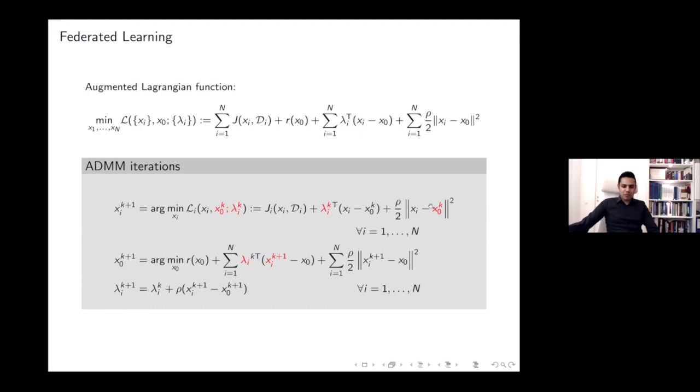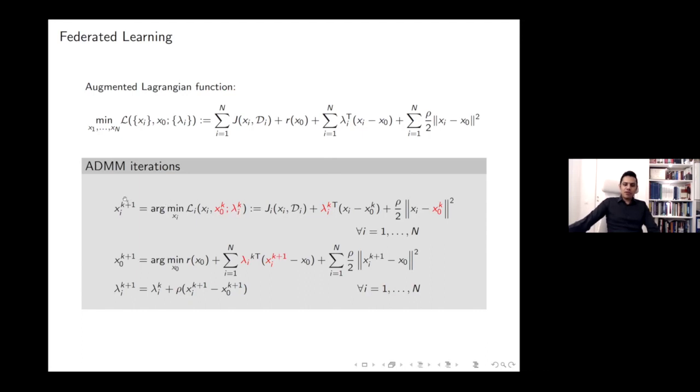You start with some initial guess, and then you fix it with the value from the previous iteration, and then you solve the optimization problem to find out what is the optimal xi for these given values of x0 and lambda i.